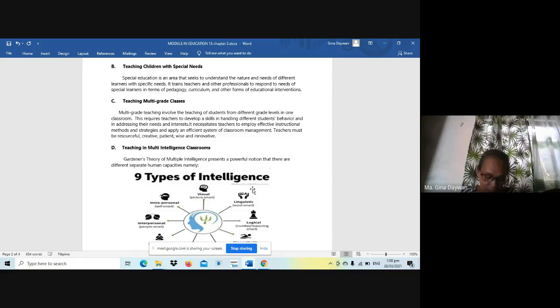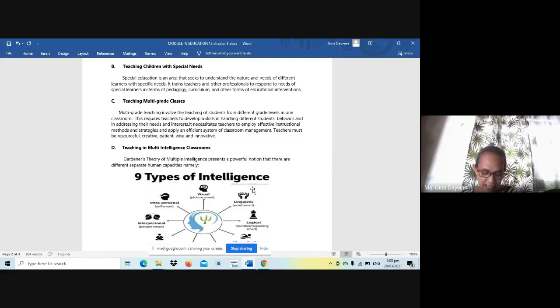Right. Now, it also requires teachers' versatility to design an instructional plan that will cover all topics and activities for all students from varying grade levels. For example, in some private schools, multi-grade teaching is done when they have small enrollment.